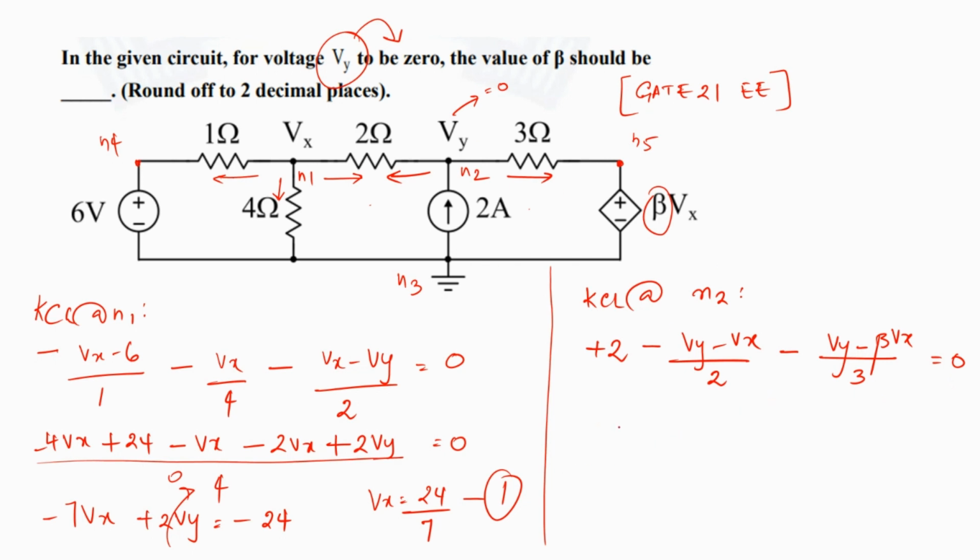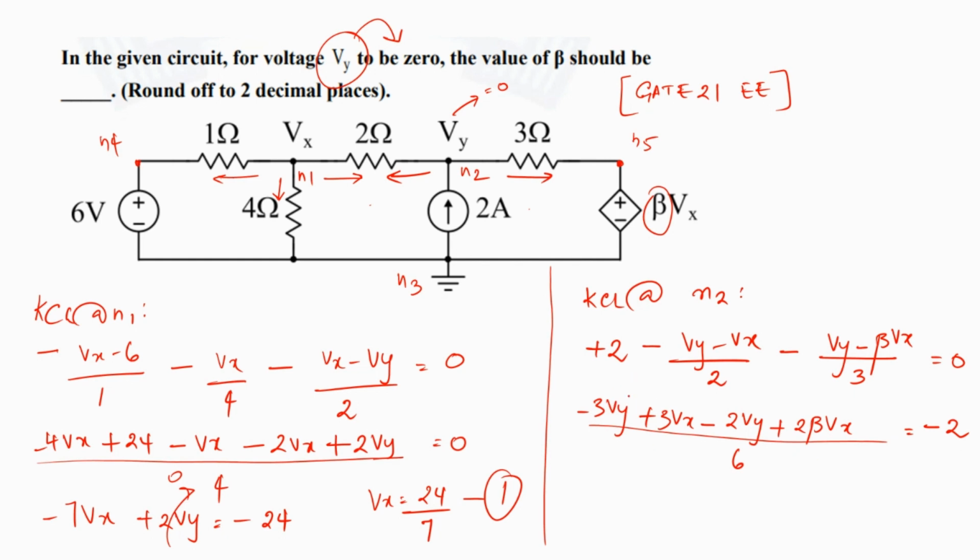So now again, we can simplify this. We can take 6 as our LCM, and what we will get is minus 3Vy plus 3Vx minus 2Vy plus 2 beta Vx is equal to minus 2. So when we cross multiply, this would become minus 12.